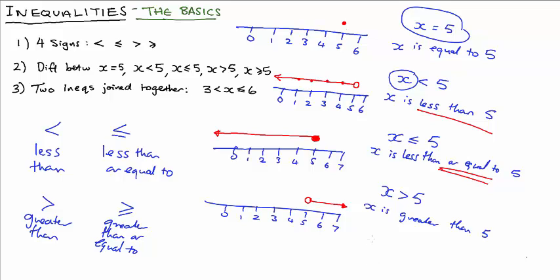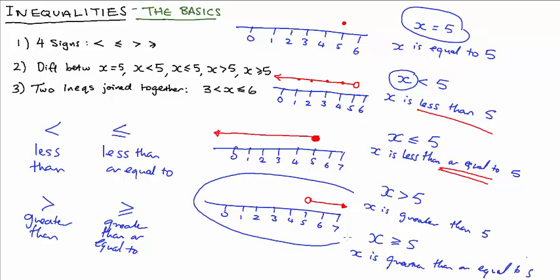But if I then write x is greater than or equal to 5, then it's going to be the exact same thing here, except because it's equal to, I will also colour it in. Yeah? So that's all inequalities are.